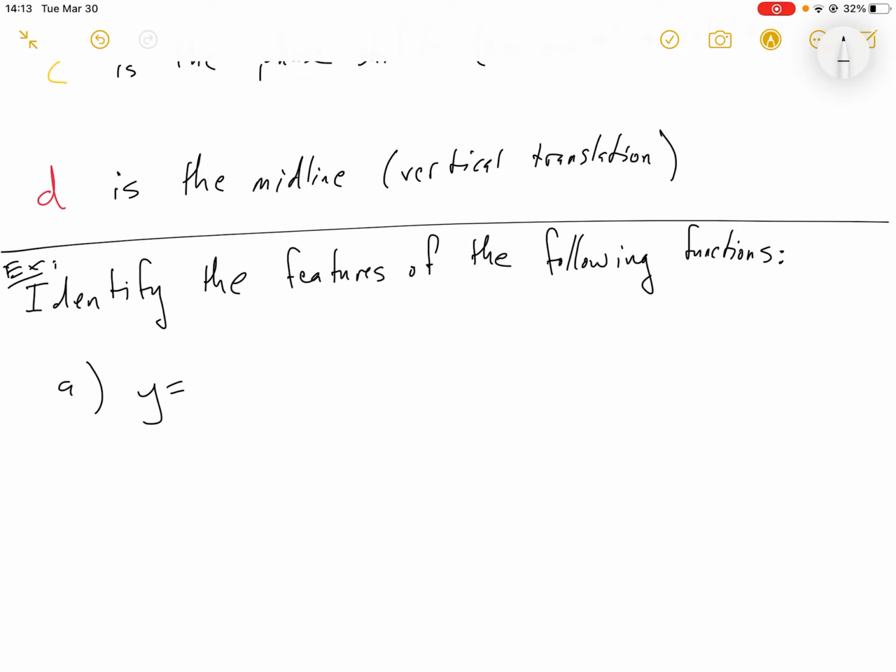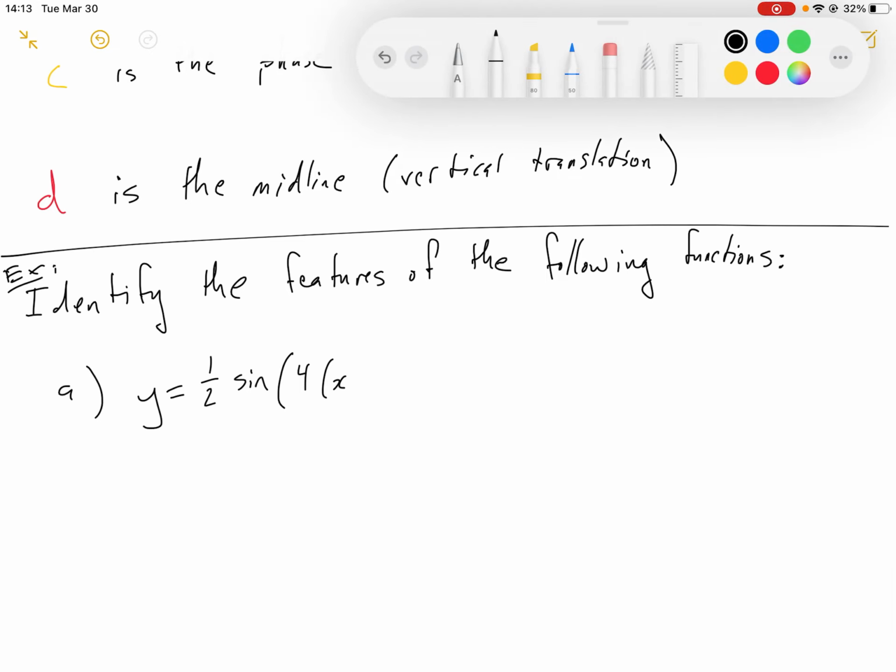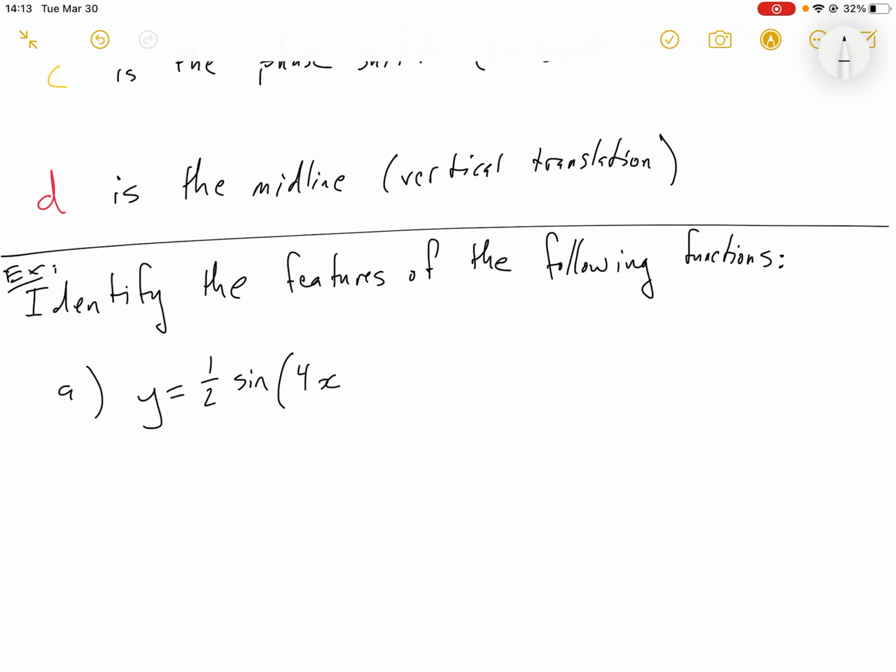So let's start off with y equals 1/2 sine of 4x, and then we'll just go ahead and subtract 7, for example. We won't worry about the phase shift. Sorry for the typo there.